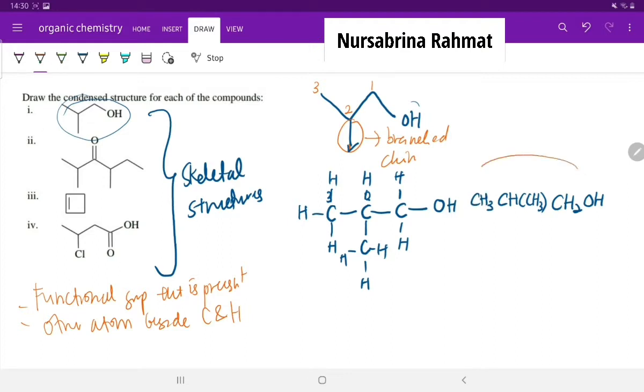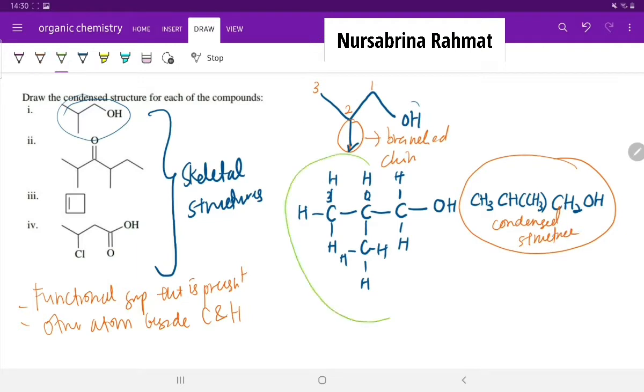So this is your condensed structure, whereas this is your expanded structure, where you show all the bonds that are present, and the first one here is your skeletal structure.